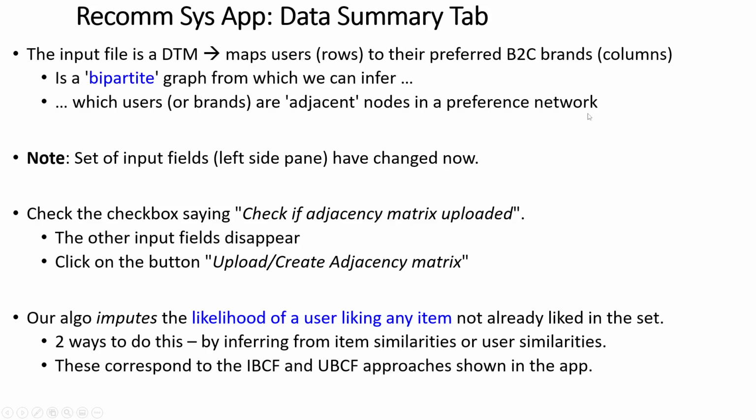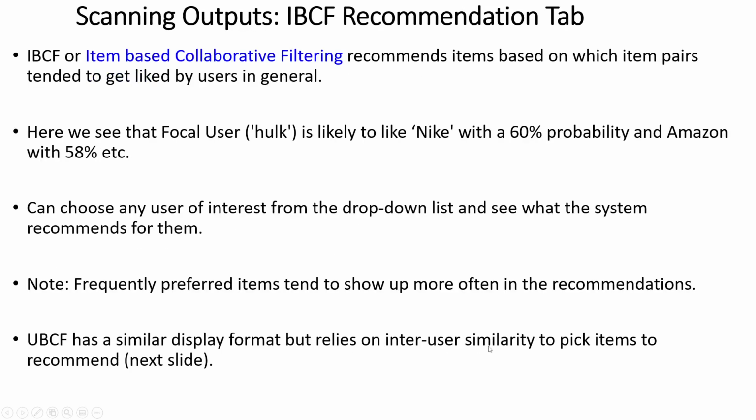It becomes important because I can make adjacency matrices out of a bipartite graph. So we created the adjacency matrix. At the back end, our algorithm is going to try to compute or impute the likelihood of a user liking any item not already liked in the set. There are two ways to do this, and these correspond to the IBCF and UBCF approaches shown in the app. We will see this.